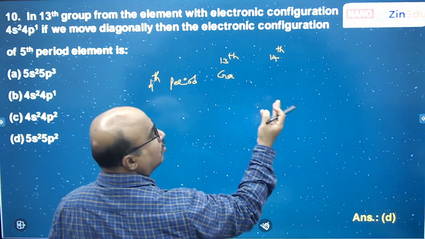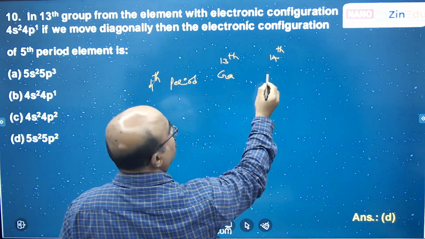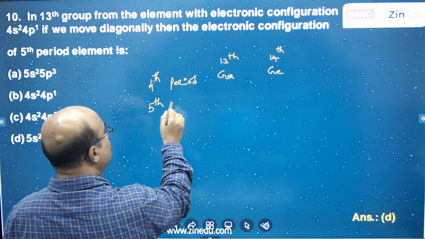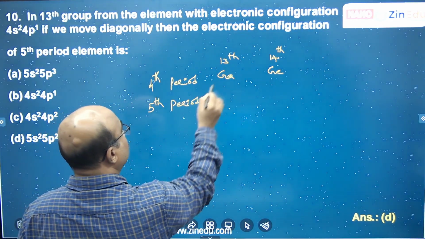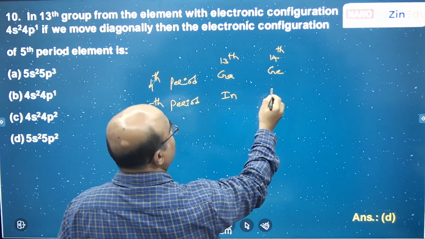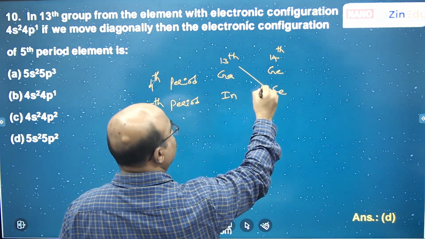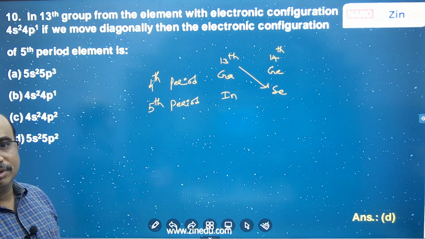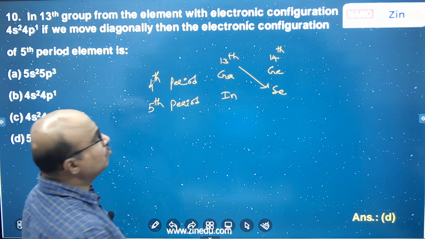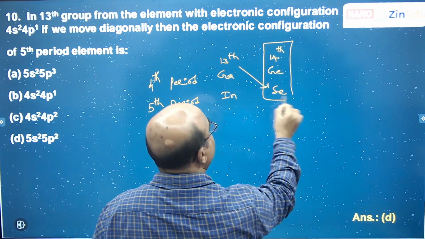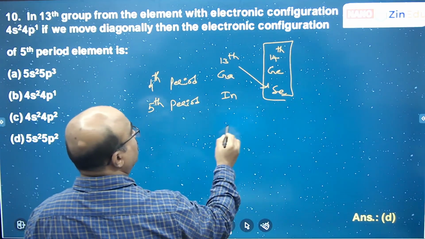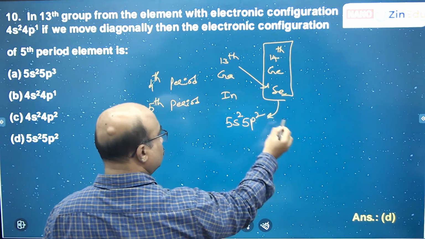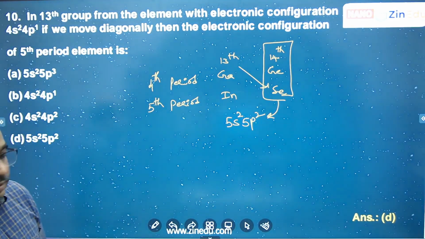So here carbon, silicon, germanium. So the 5th period means indium, tin, and so on. Anyhow, we don't want the element. We want the element of 5th period with an electronic configuration. That means 14th group only. So what is 14th group is 5s2, 5p2. Clear?